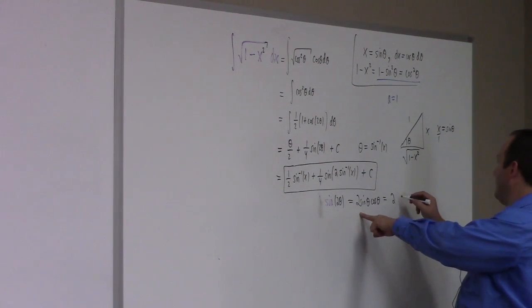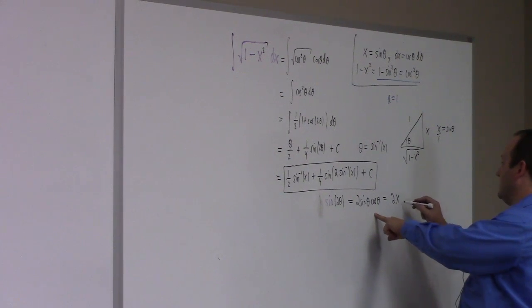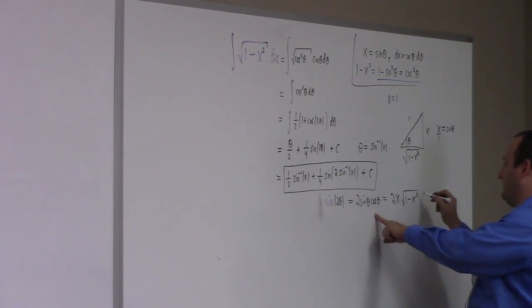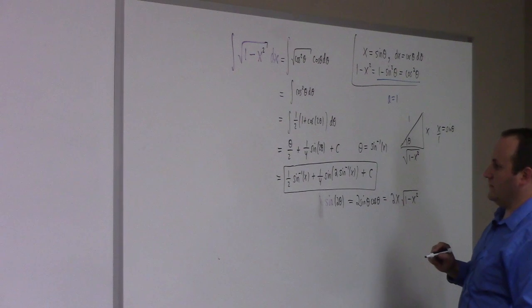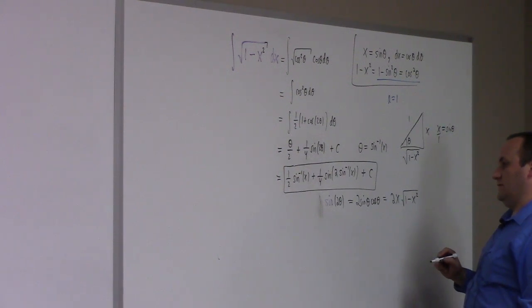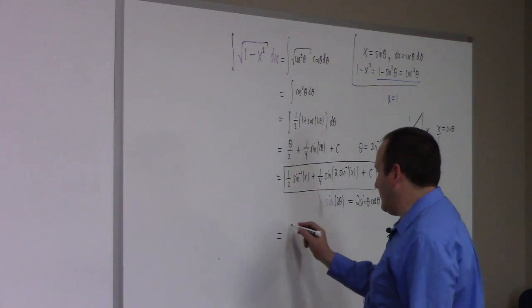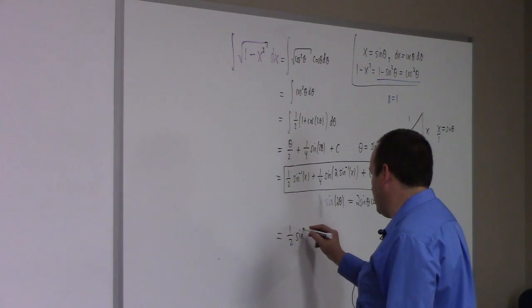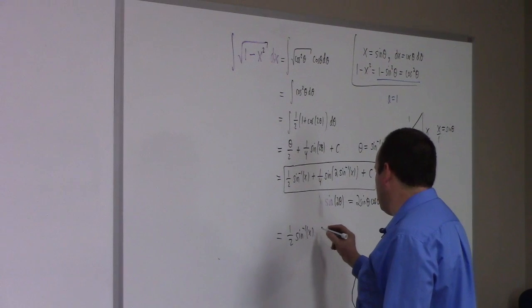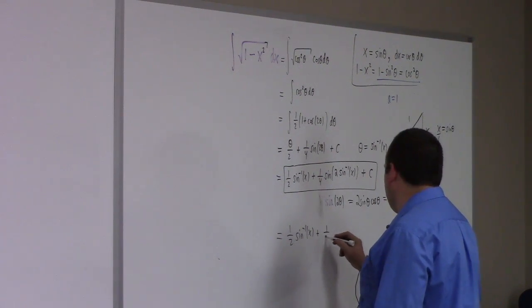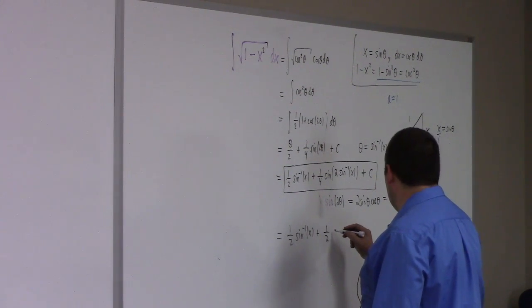So you got sine theta is x, cosine theta is square root of 1 minus x squared, right? So yeah, you could simplify this answer as 1/2 inverse sine. Nathan, is it? Thank you. Yeah, this is a comment worth making. Thank you. So that's really 1/2 x times the square root of 1 minus x squared.